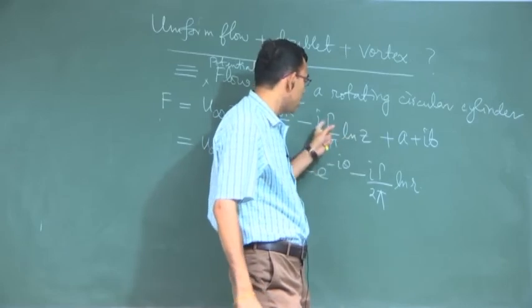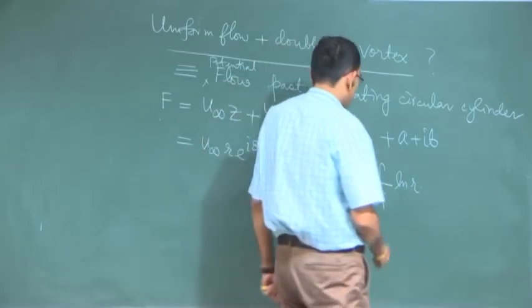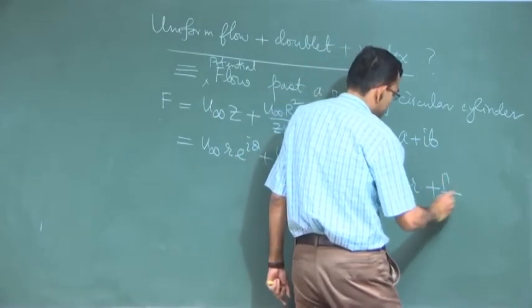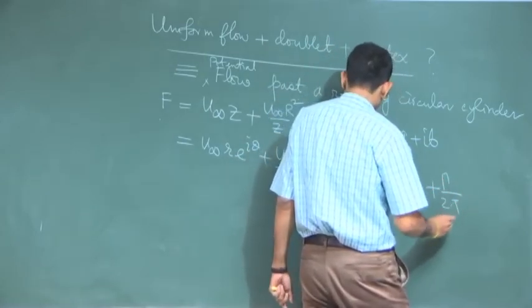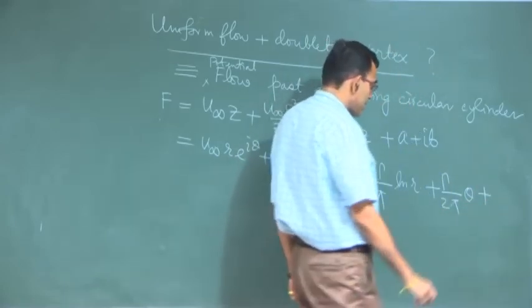So, I into I will be minus 1 into minus will be plus 1, plus gamma by 2 pi theta plus A plus IB.